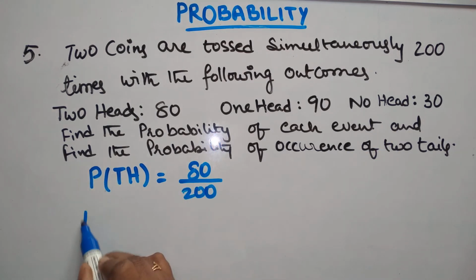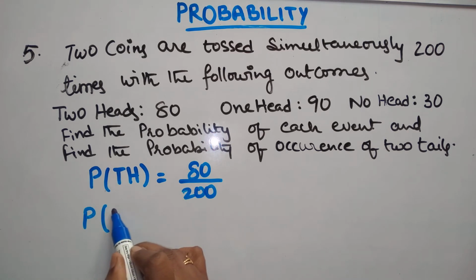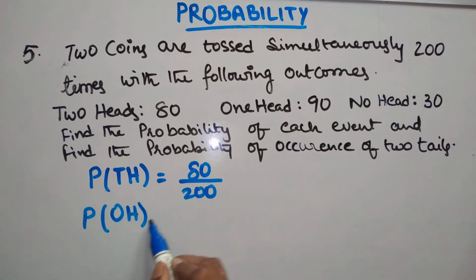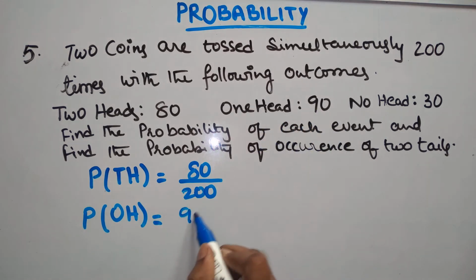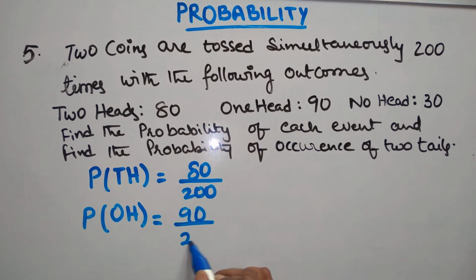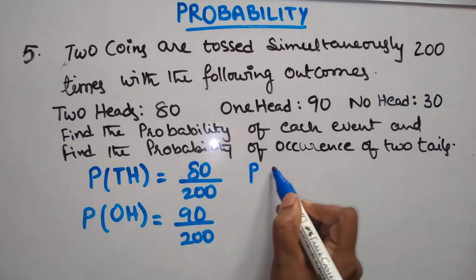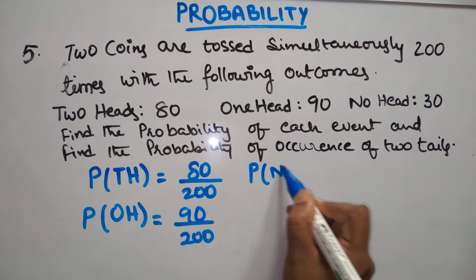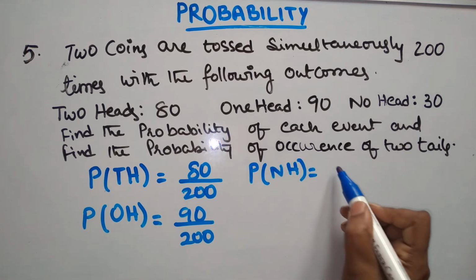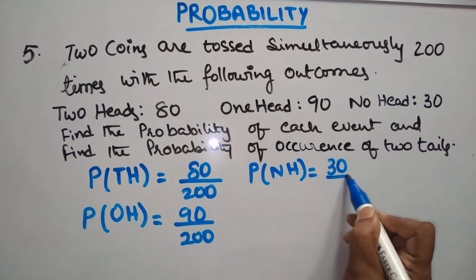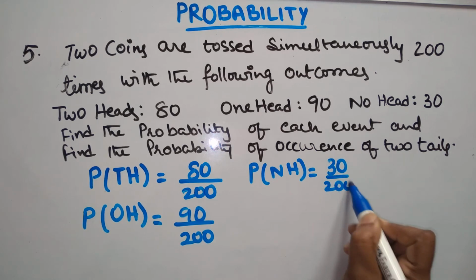And probability of occurrence of 1 head is equal to number of times 1 head occurred, that is 90, by total number of times, that is 200. And probability of occurrence of no head is equal to number of times no head occurred, that is 30, by total number of times 200.